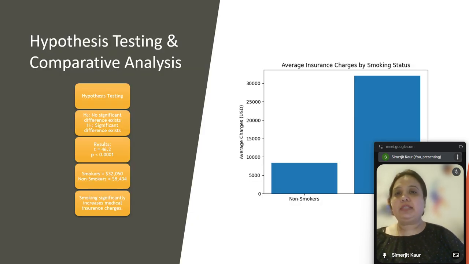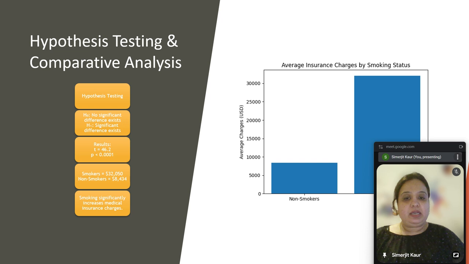Moving on to hypothesis testing and comparative analysis. A hypothesis test was conducted to determine whether smoking significantly affects medical insurance charges. The null hypothesis stated that there is no significant difference in charges between smokers and non-smokers. The alternative hypothesis stated that there is a significant difference.